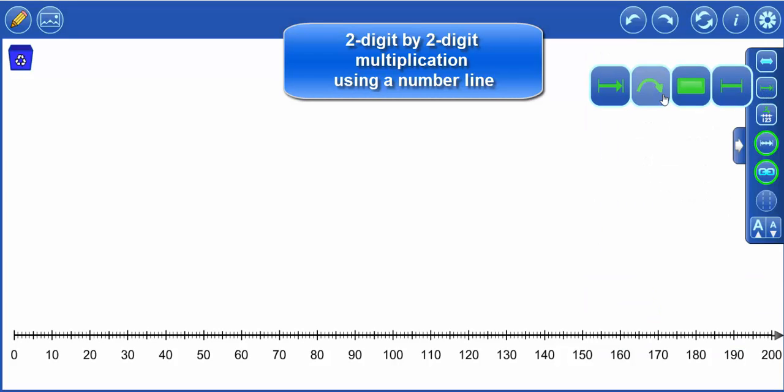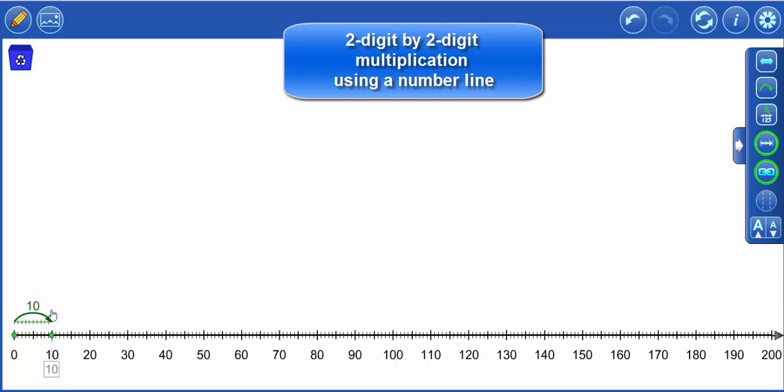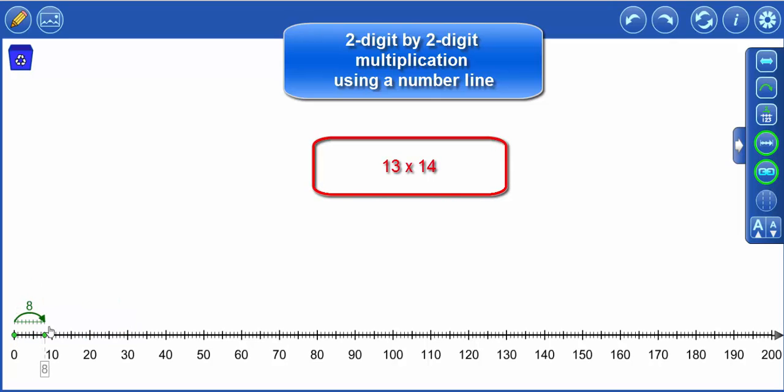I can use these bars to help me show multiplication. For example, hops of 10, 10, 20, 30 is like 3 times 10. 13 hops of 14 is a lot of work.